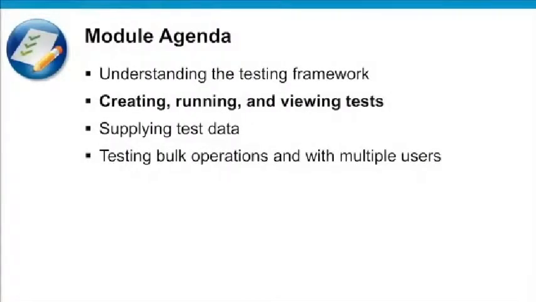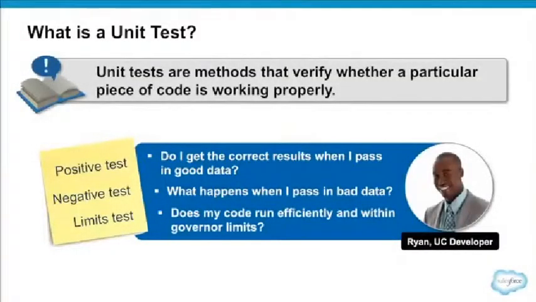All right, so let's talk about that. How do we create and run those tests? The types of tests that we want to run are positive tests, negative tests, and limits tests. Those are the basic three goals that we have. A positive test is when I pass good data, do I succeed? The negative test is when I pass bad data, do I gracefully handle it?